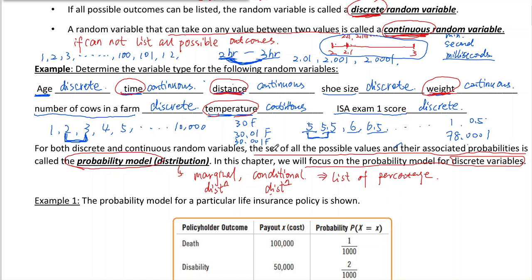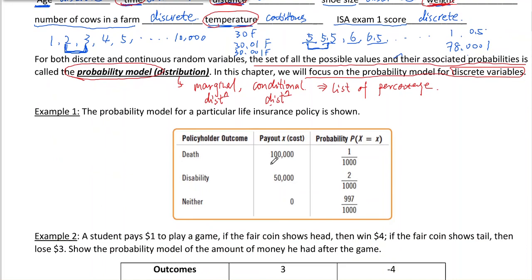All right, now let's look at the first example. This table is the probability model for a particular life insurance policy. For a policyholder, what will be the outcome?